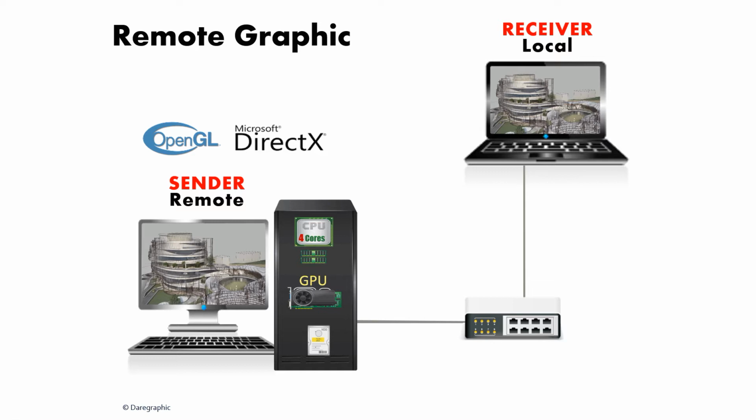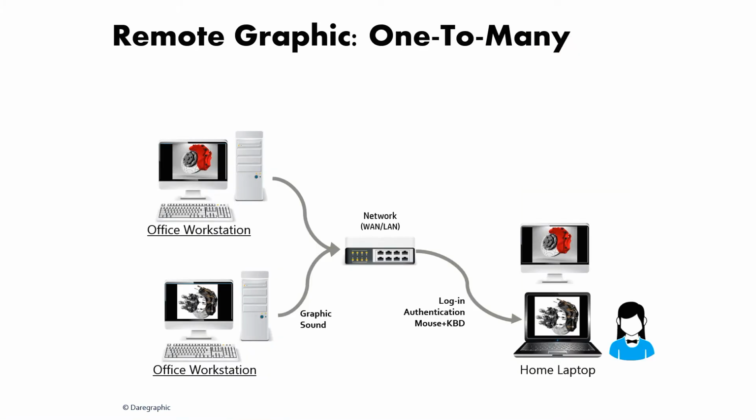But in this case, we have not only a GPU card that performs all the graphics for the application, but also redirects all the APIs, which is OpenGL, DirectX, and others. I'll use these 2 because they're the most popular in Linux and Windows environments. So basically, the receiver will have a very similar experience as if that person were locally connected or logged in to that computer, but remotely via the network.